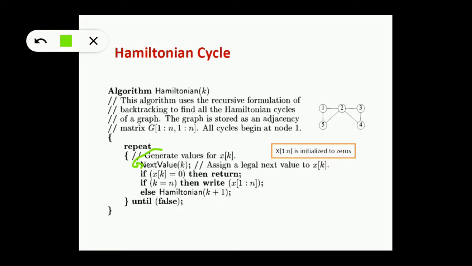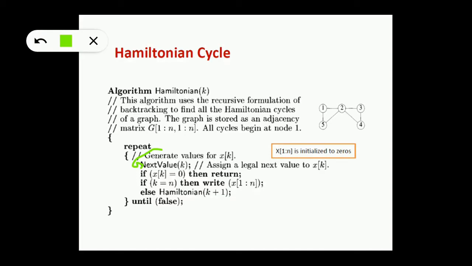This next value of k is called in order to assign a legal next value to x of k, that is, to find out the next available vertex that can be included in the Hamiltonian cycle.